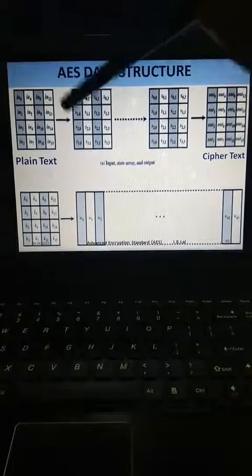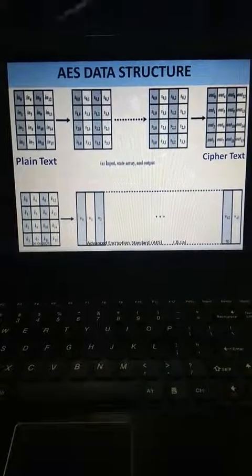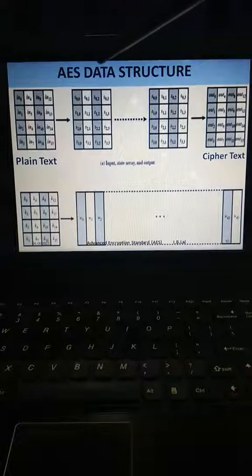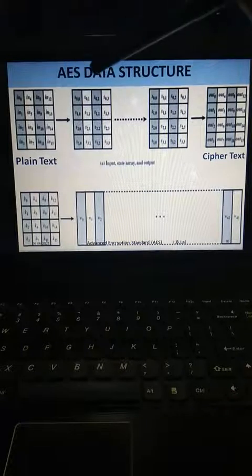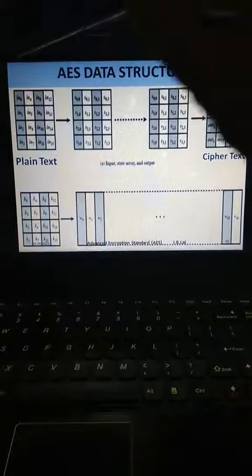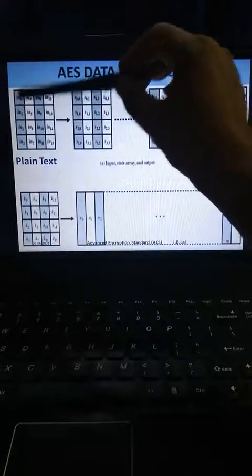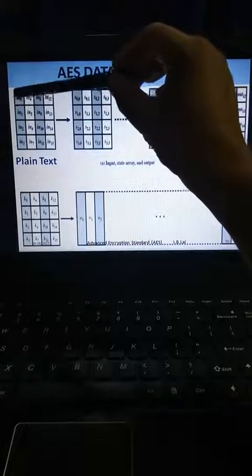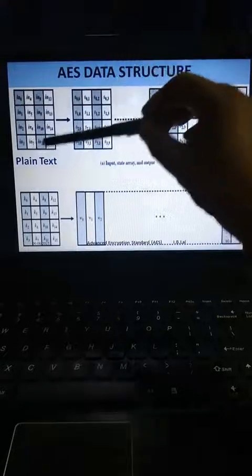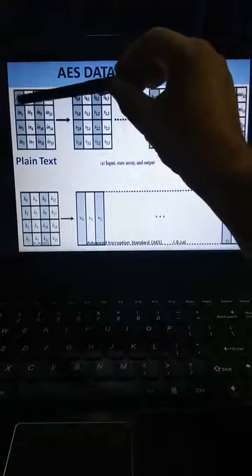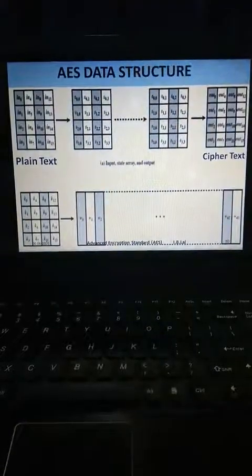128-bit plain text is represented in the form of a 4 into 4 matrix, 4 rows and 4 columns. Each intersection of row and column, that is each cell, contains 1 byte. 1 byte means 8 bits. So if we multiply 8 into 16, we get 128 bits.